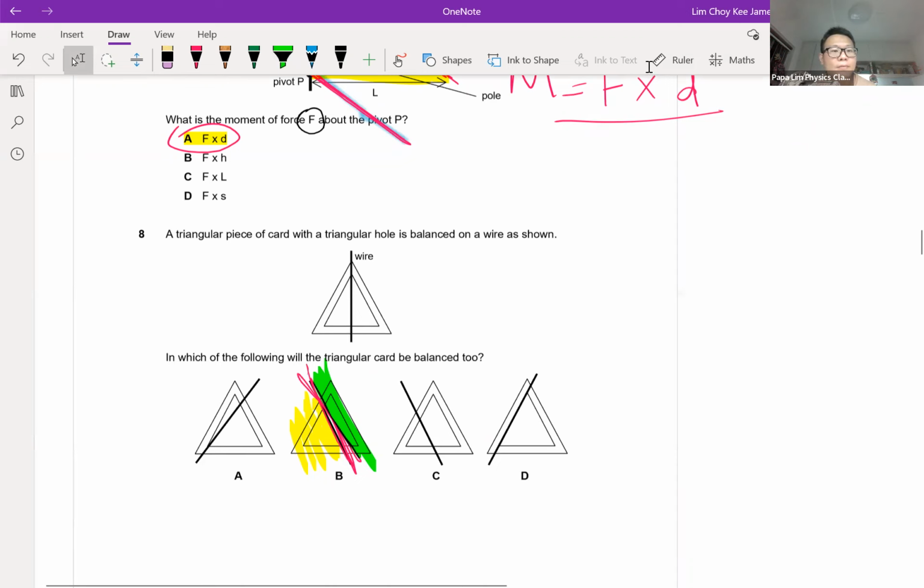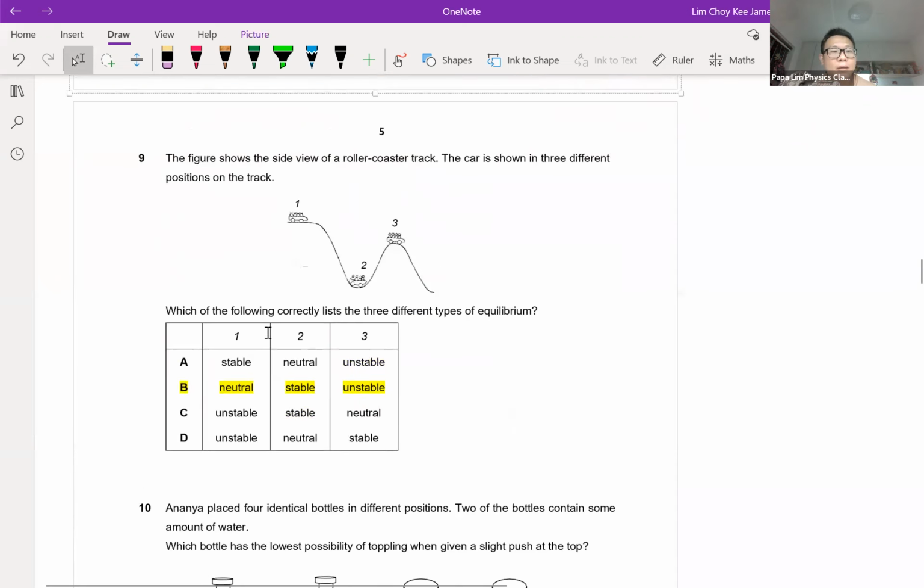Now, number 9, number 10. The common question I have, number 9, is on location 1. If the car is moving, let's say I shift the car a bit to the left or a bit to the right, the car will still be on this plateau, so the center of gravity has not changed at all.